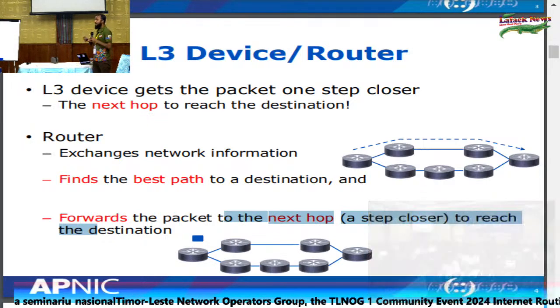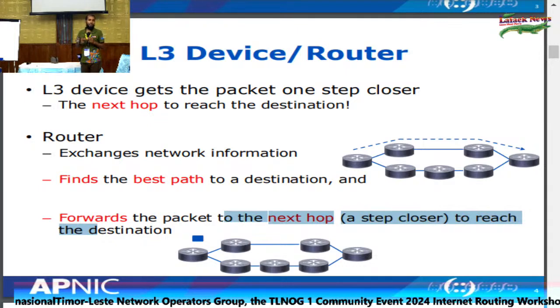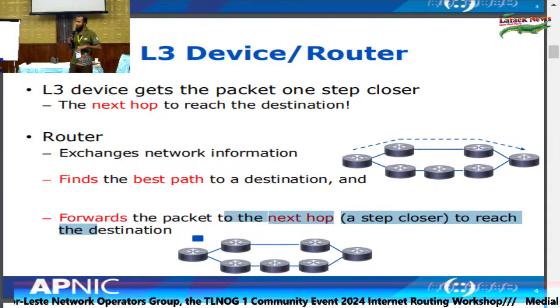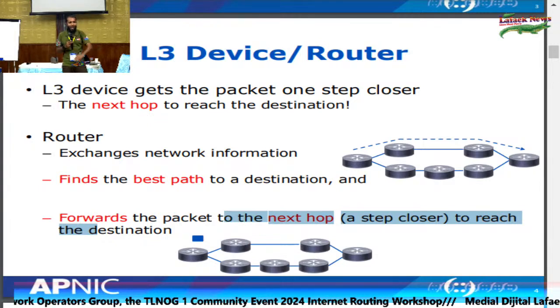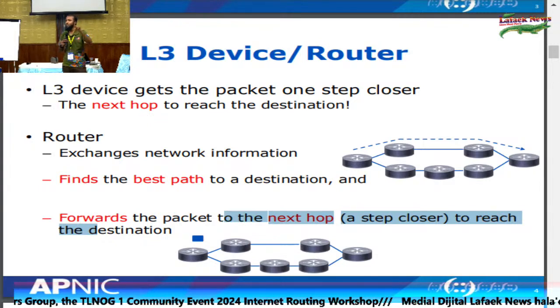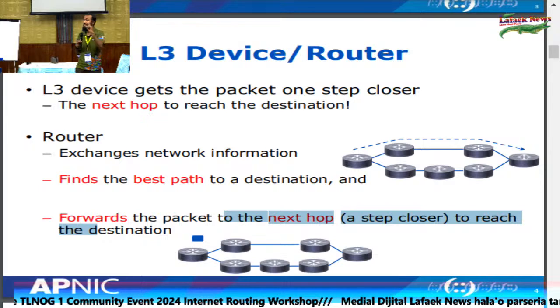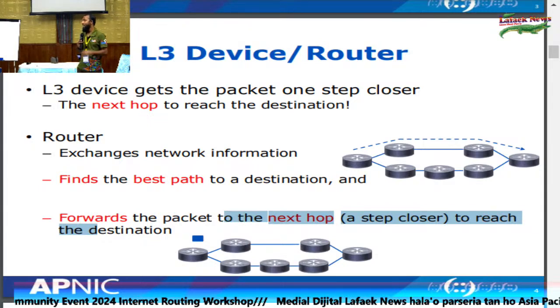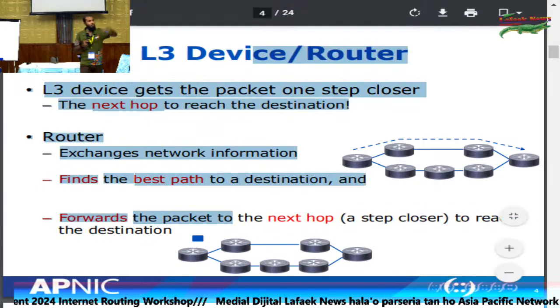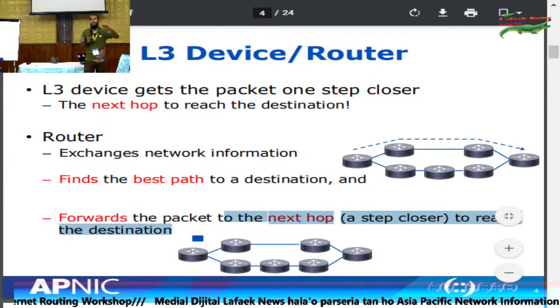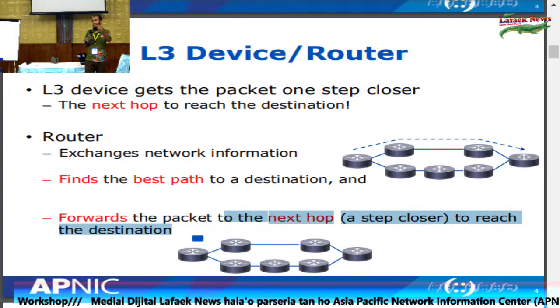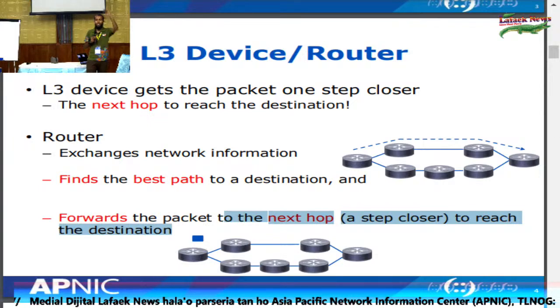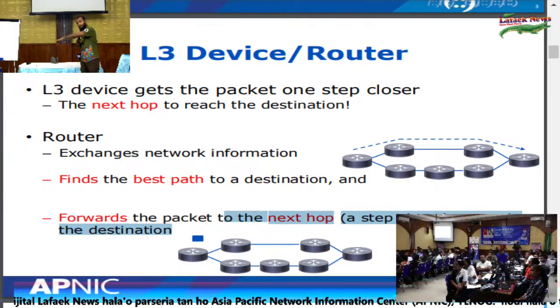And the third task is finally, if a packet comes to me, I'll use that forwarding table to forward the packet. So that's the real forwarding of the packet. The user's data you forward to somebody else. So that's like in action. So three tasks. You collect information, you figure out the best path, and keep it in the forwarding table.